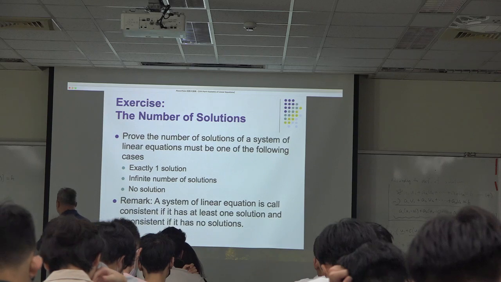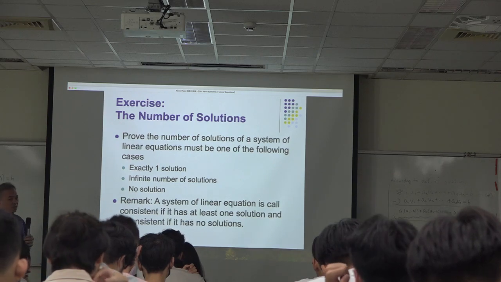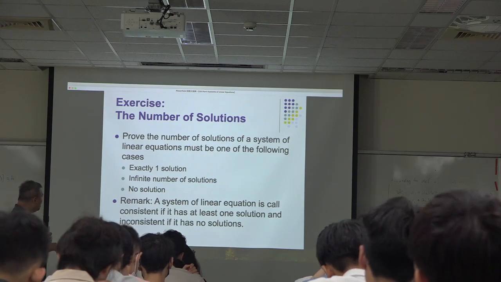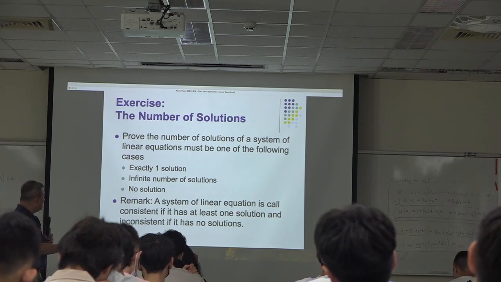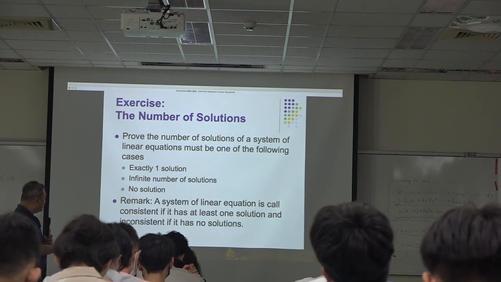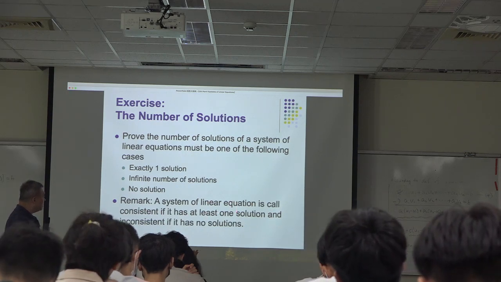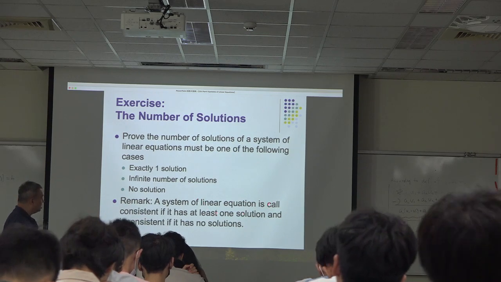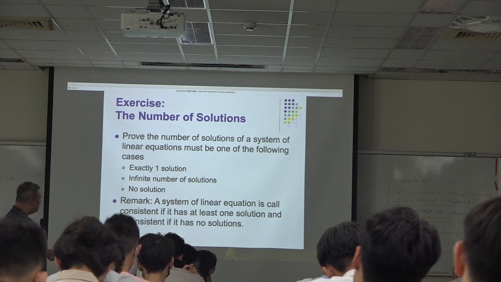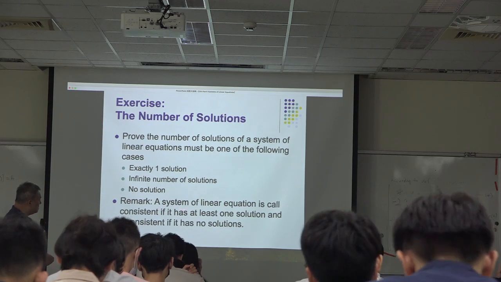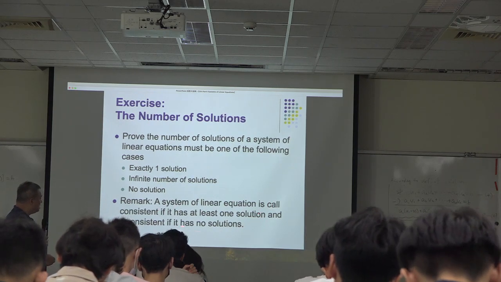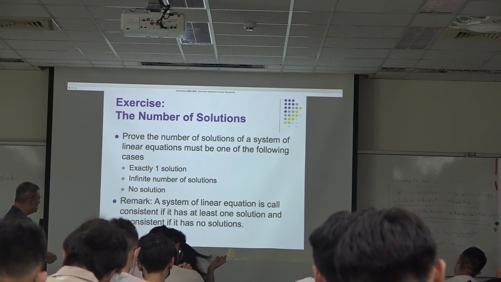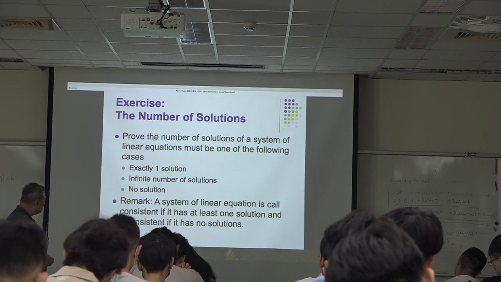And one thing, again, it's a terminology thing, I want you to understand. A system of linear equations is called consistent if it has at least one solution. Otherwise, if it has no solution, then this system of linear equations is considered inconsistent.